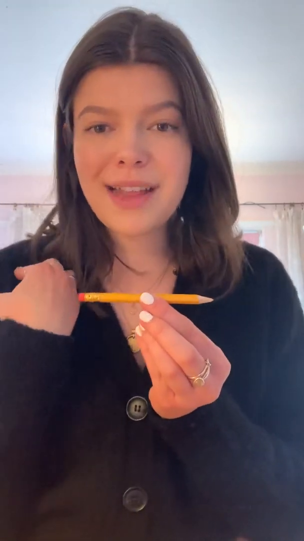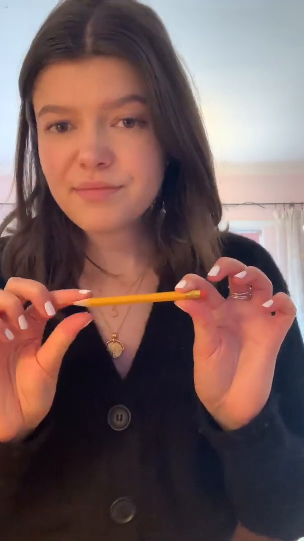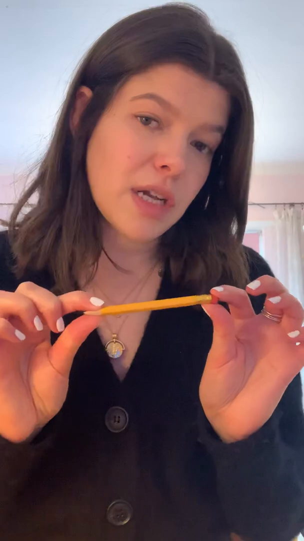The pencil is short. I can go from this side to this side, and it doesn't take me very long to go from the tip of the pencil all the way to the rubber. There's not actually that much of it. So I can say the pencil is short.